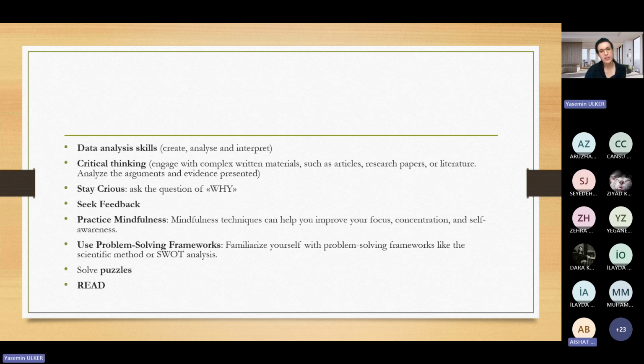Okay, so when you're studying, you should be mindful so you don't get distracted by other things like social media, your phone, or your thoughts, right? Yes, yes.